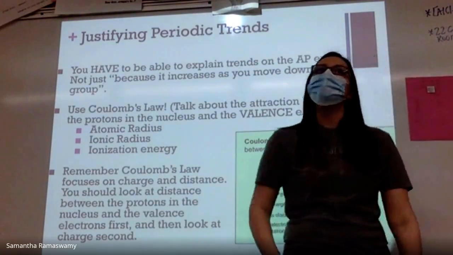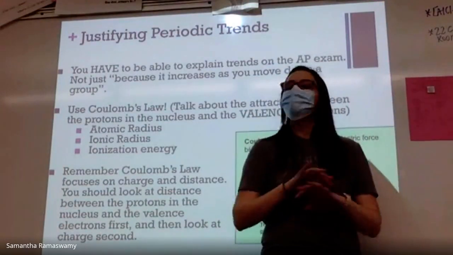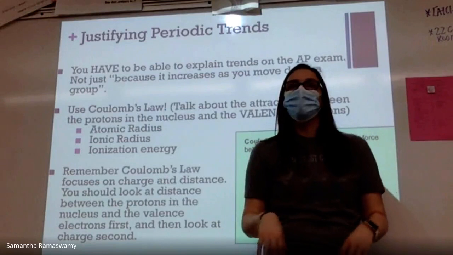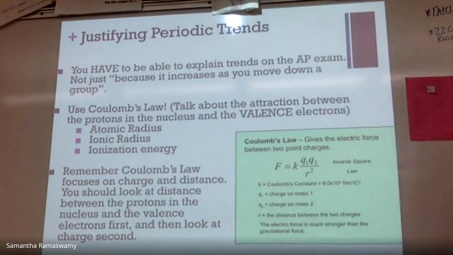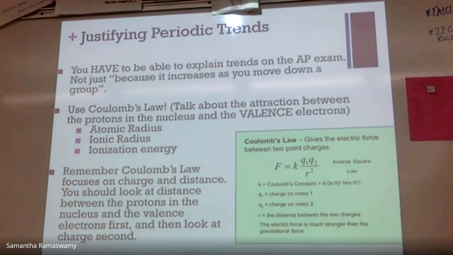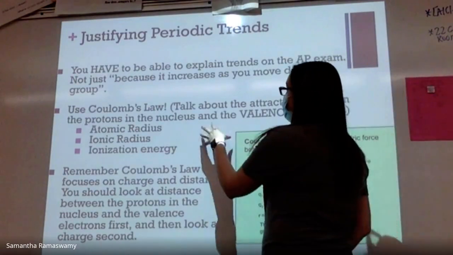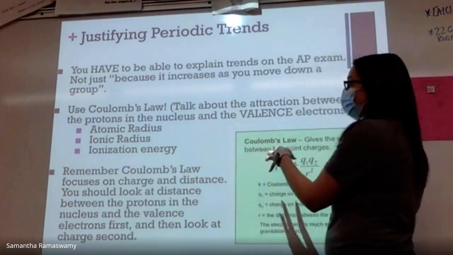Saying it increases as you go up and to the right is stating the trend. That's not explaining the trend. Explaining the trend is saying as you move across a row, there are more protons in the nucleus, which creates a stronger attraction between the valence electrons and the protons in the nucleus. That's an explanation.